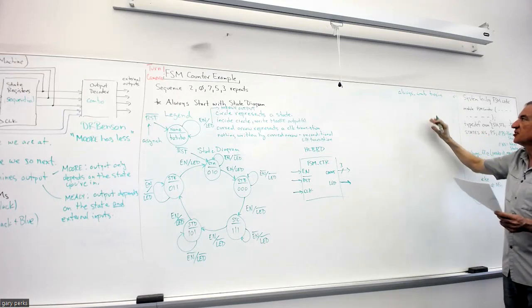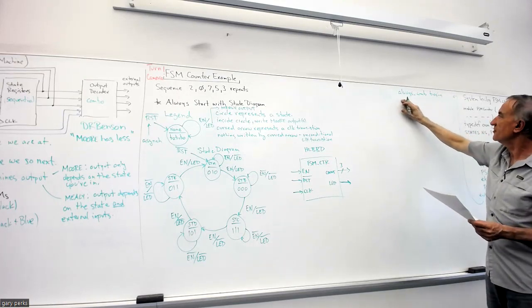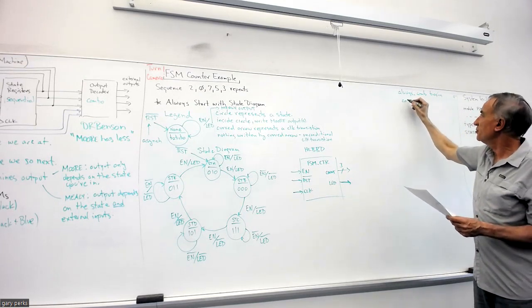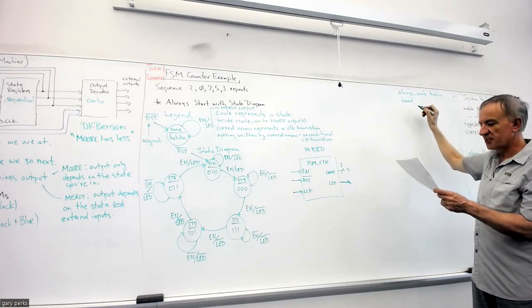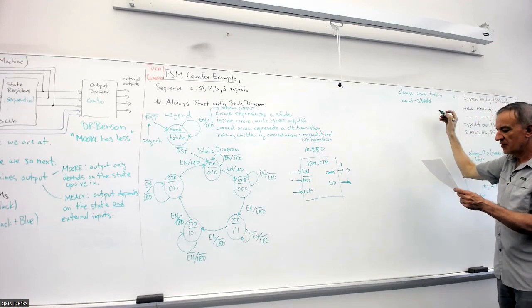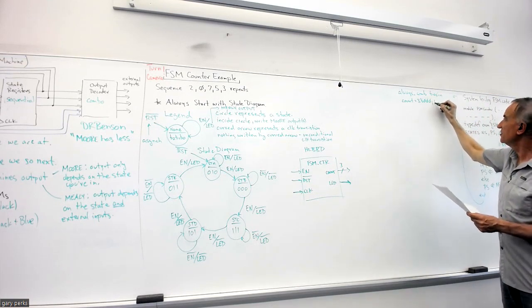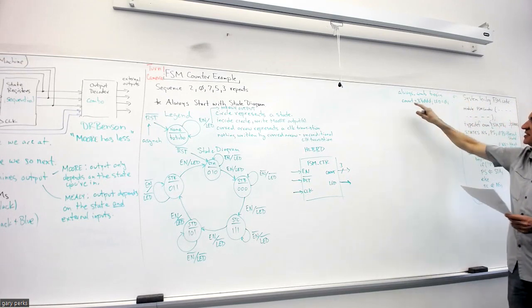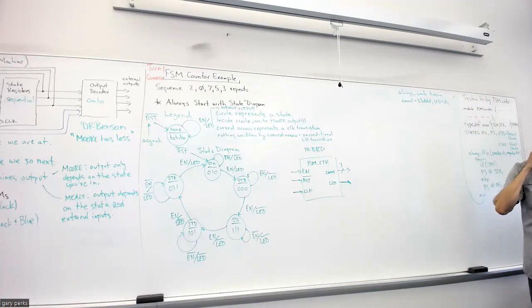So I think it's a good idea right after the always comb begin to set your outputs to an initial value. So I'm going to set count to 0, and since it's 3 bits, it's 3 zeros. And then also I'm going to set LED to 0. That's only 1 bit. So again, this line is just initializing our outputs.